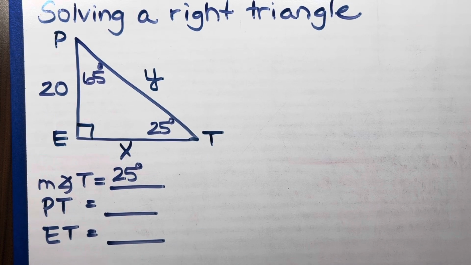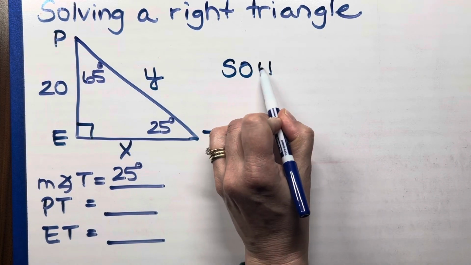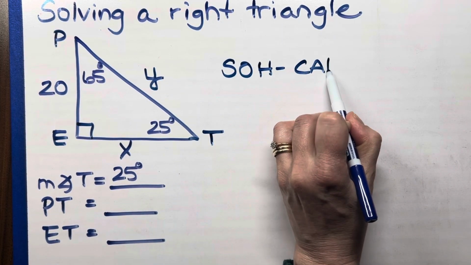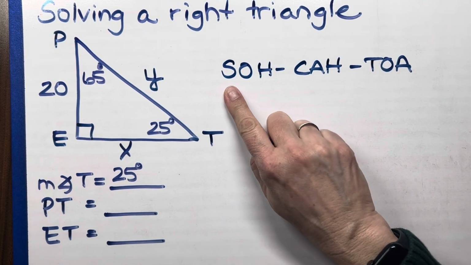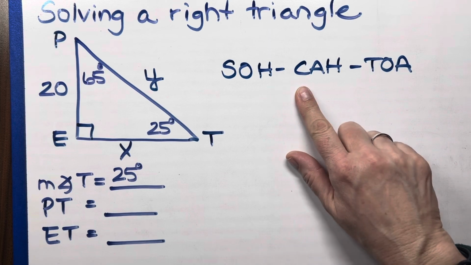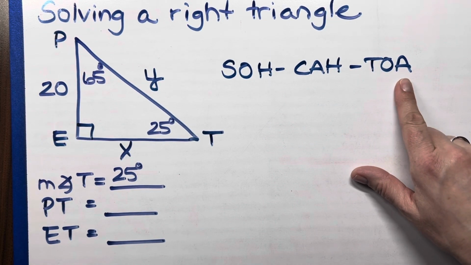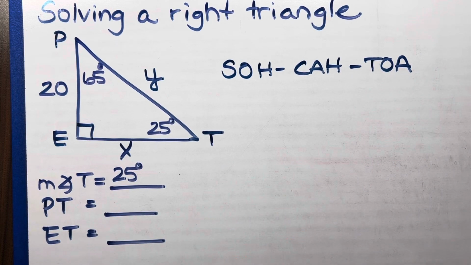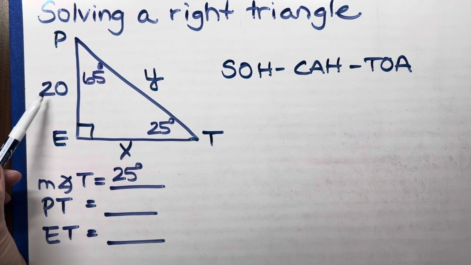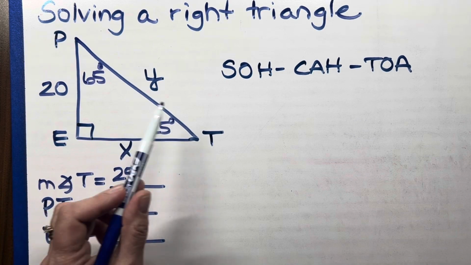Now, for the sides, we're going to have to use some trig functions. So let's remember we've got our friend SOHCAHTOA: sine, opposite over hypotenuse; cosine, adjacent over hypotenuse; tangent, opposite over adjacent. Now that we have all of these angles, we do only have one of our sides, but there's different ways that you could find the remaining sides.